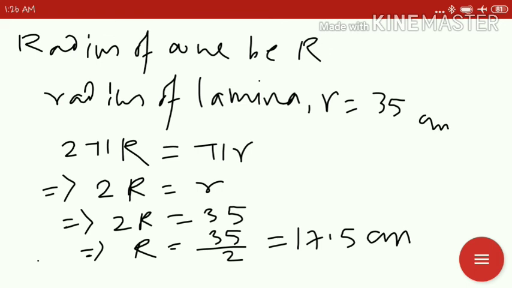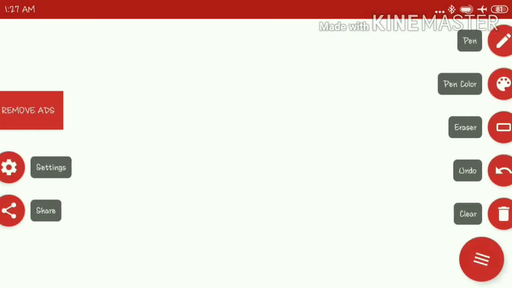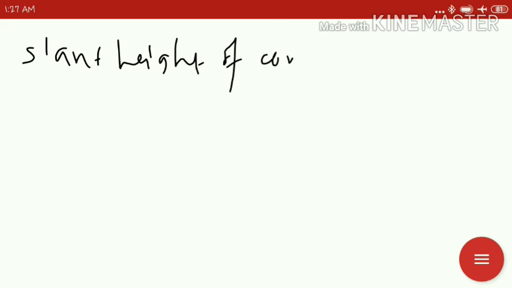So already I have told you that the joining of the radii of the semicircular lamina will appear on the curved surface area. That means the slant height will be the same as the radius. So the slant height of the cone should also be 35 centimeter.